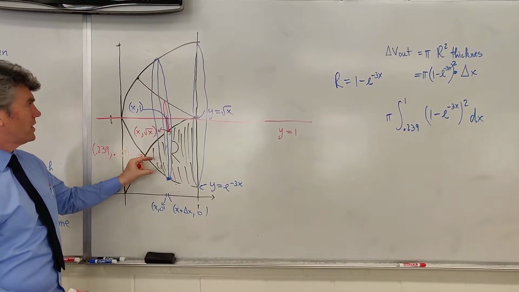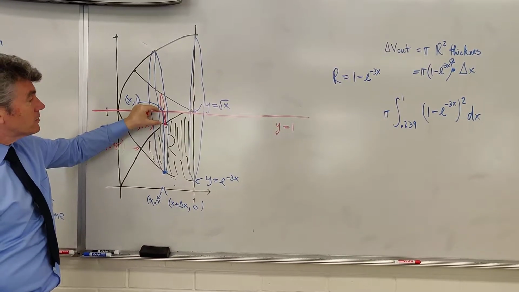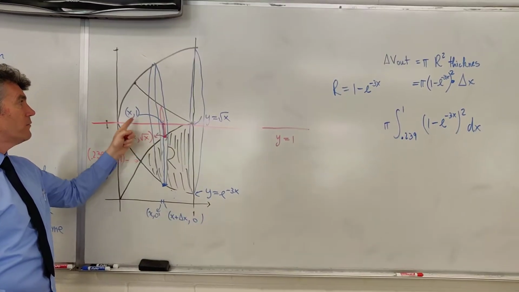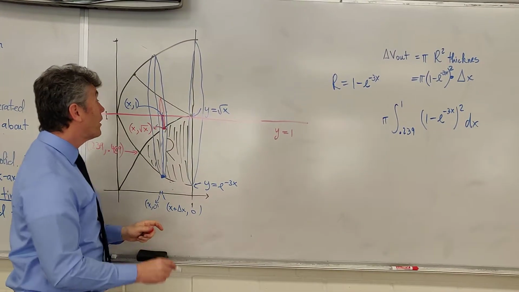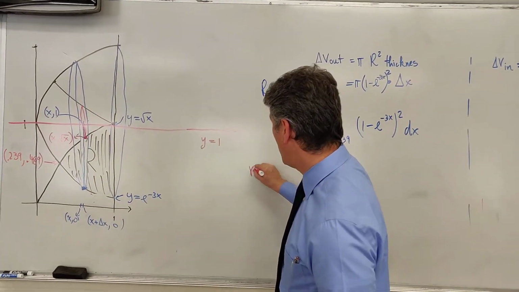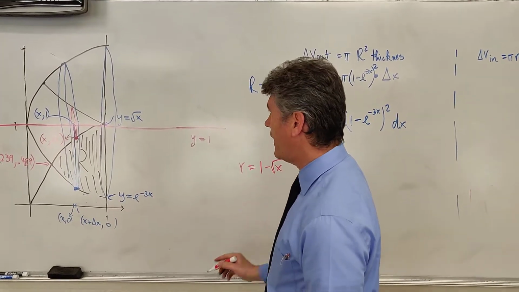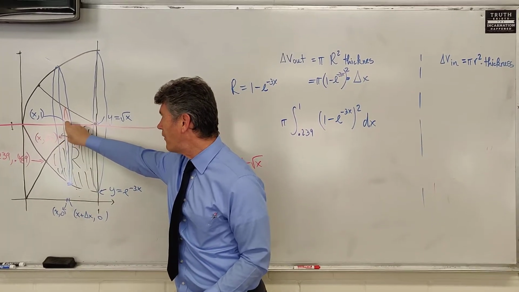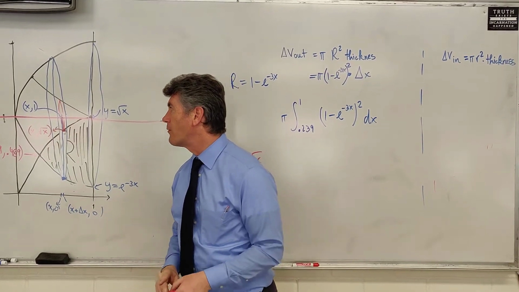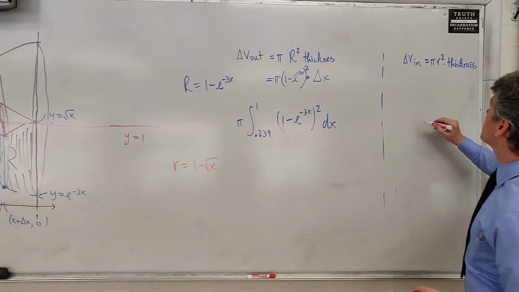Now you're ready to find the inner radius, or the radius of the inner cylinder. And that one, again, is y top minus y bottom. So r is equal to 1 minus square root of x. The radius is right here. One y coordinate is 1, the other y coordinate is square root of x. The radius is the difference between them. Let's put all of this together.